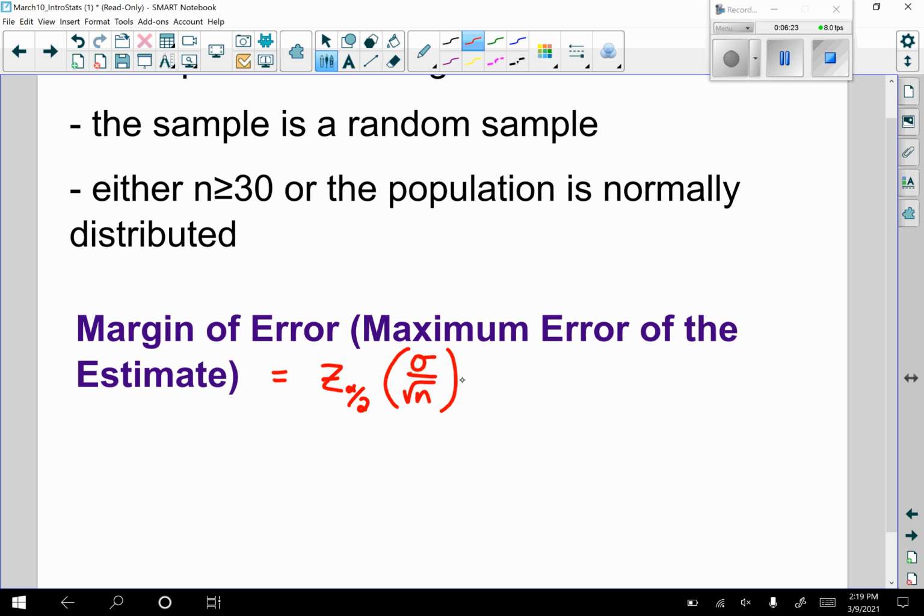The definition here is the maximum likely difference between the point estimate, which is the sample mean, and the actual value of the parameter.